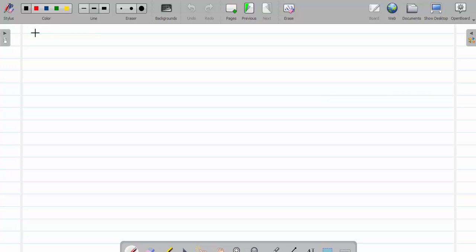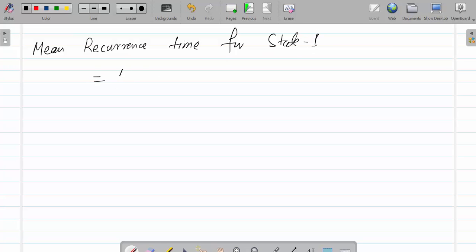So now we have to find the mean recurrence time for state 1, that is mu11, equal to summation n equal to 0 to infinity of n into f11(n).